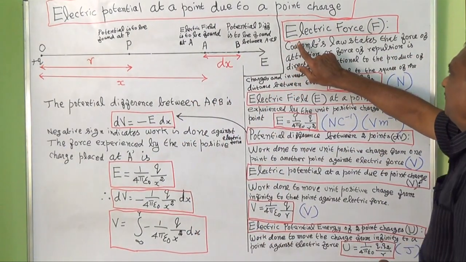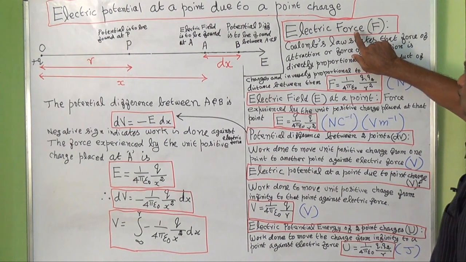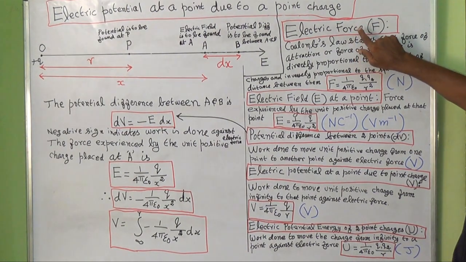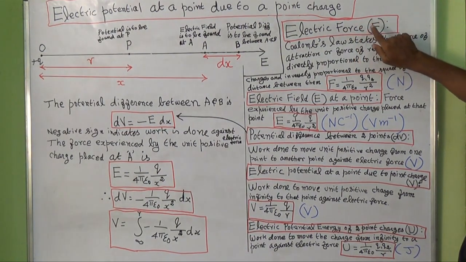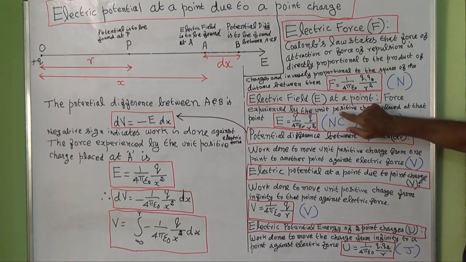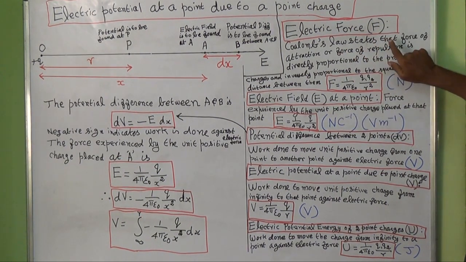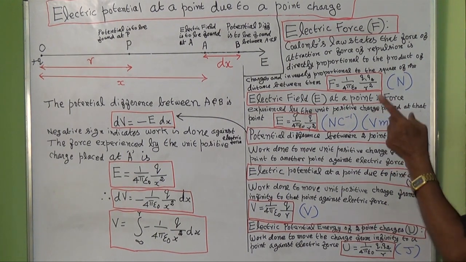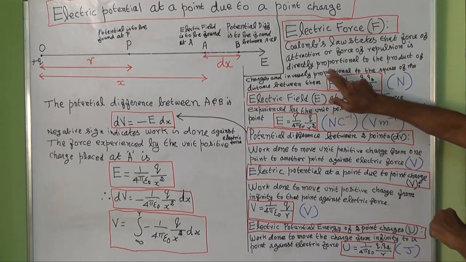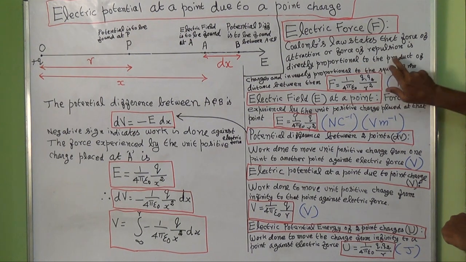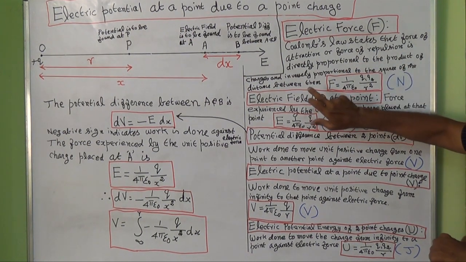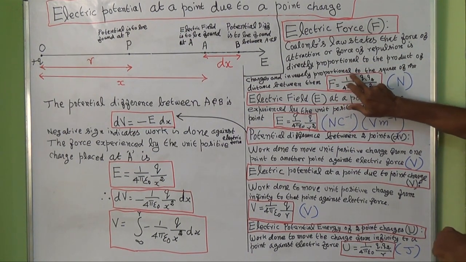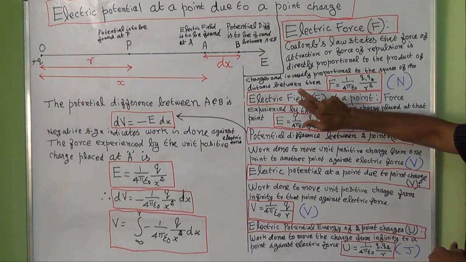The first definition is electric force. The electric force is denoted by the letter capital F. Coulomb's law states that the force of attraction or repulsion is directly proportional to the product of charges and inversely proportional to the square of the distance between them.